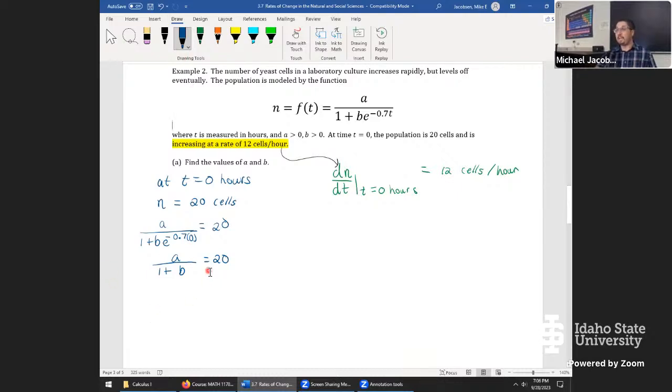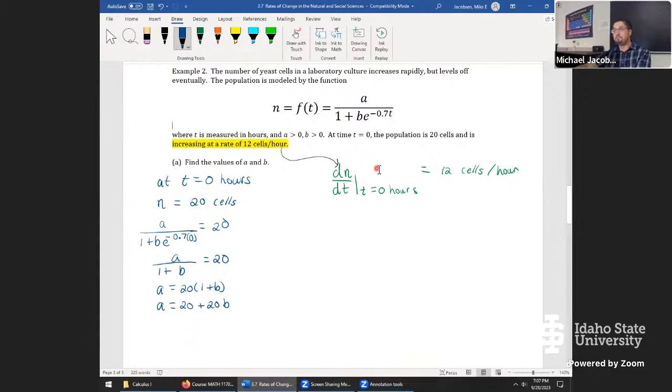But you could at least solve for the value of a: multiply both sides by 1 plus b, and a is 20 times 1 plus b. Or if you prefer, a is equal to 20 plus 20b. Now, all we have to do is solve for b, and we'll have a at the same exact time. So that's pretty much the extent of what we can do on the left column here.